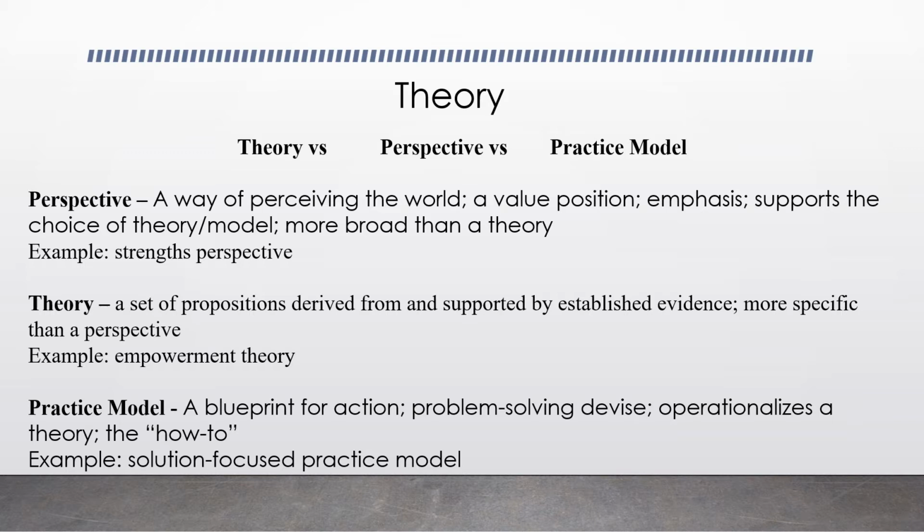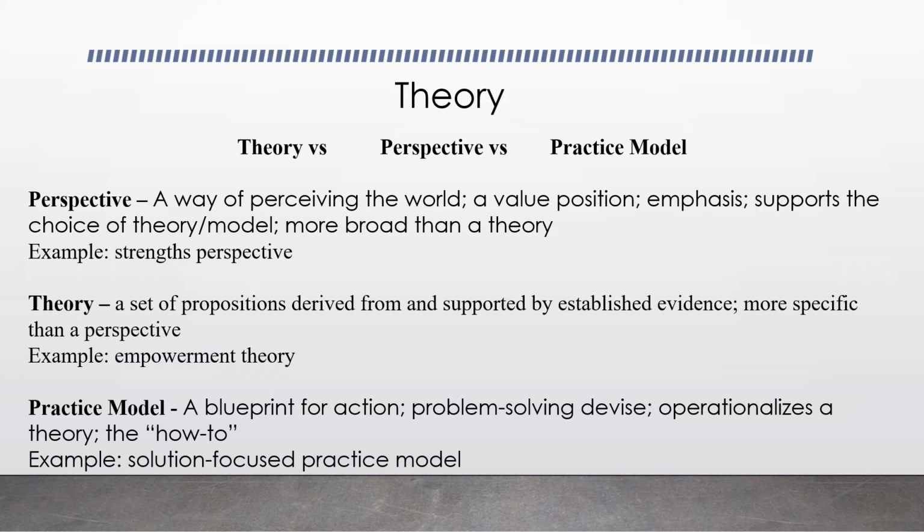As we said, why we do what we do, a big reason for that is because we believe in the strengths of individuals and communities. The strengths perspective is a value base for us. And so when we are using a strengths-based approach or we're using a strengths-based lens, we're going to choose theories and models that tend to fit with that.